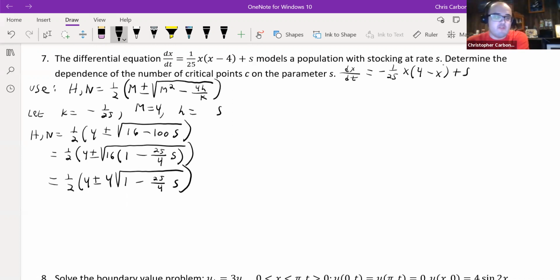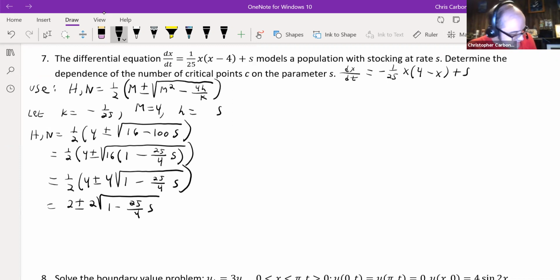Okay, so we have 1/2 times 4 plus or minus 4 times the square root of 1 minus 25/4 times s. This then simplifies, we want to get rid of the 1/2. This simplifies to 2 plus or minus 2 times the square root of 1 minus 25/4 times s.